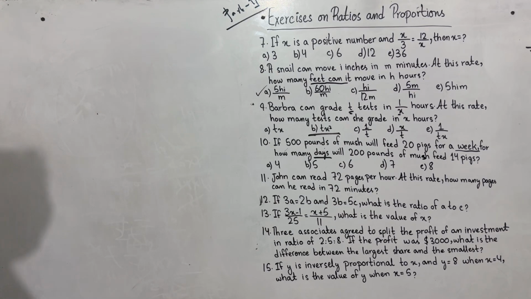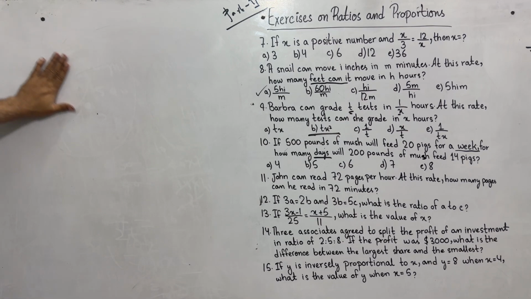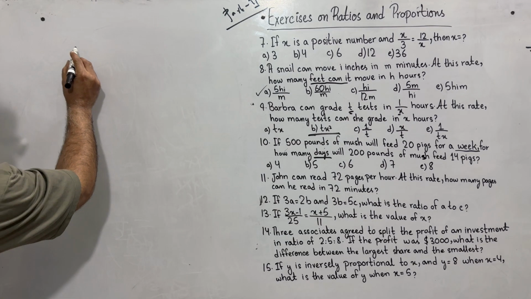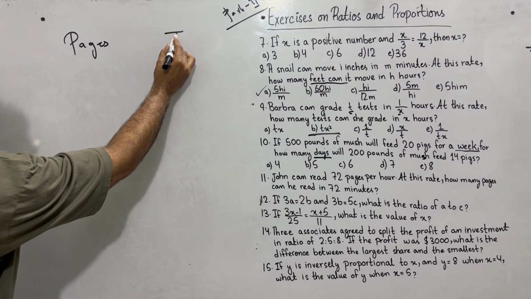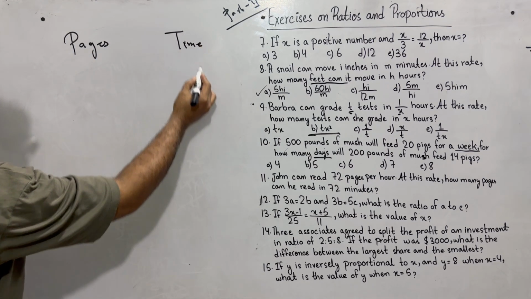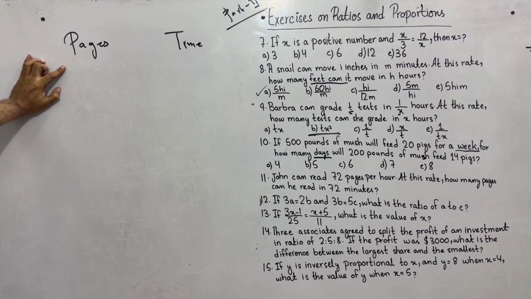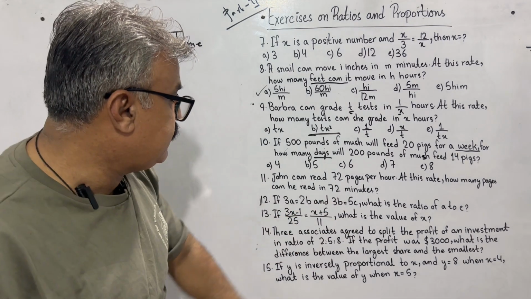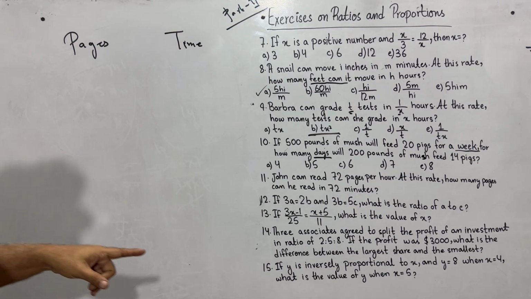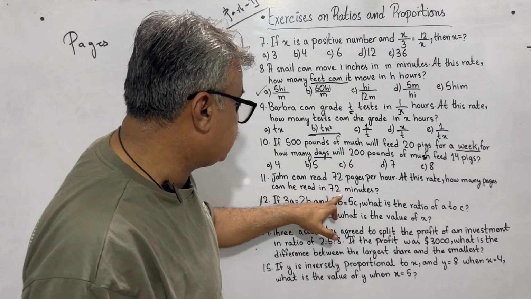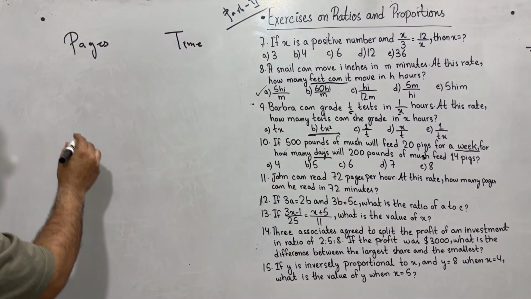At this rate, how many pages can he read in 72 minutes? Pages and time. 72 pages per hour. John can read 72 pages per hour. At this rate, how many pages can he read in 72 minutes?